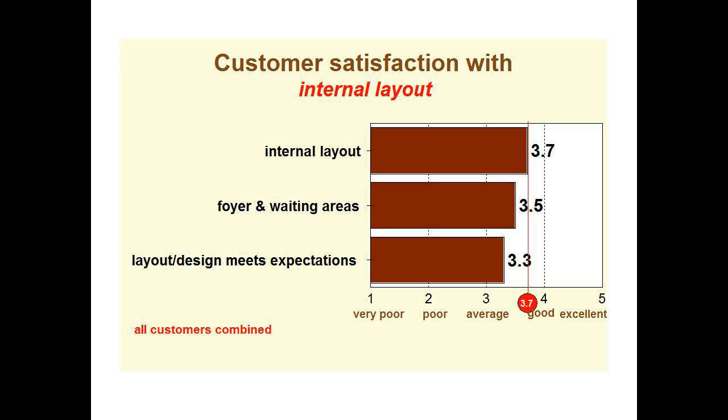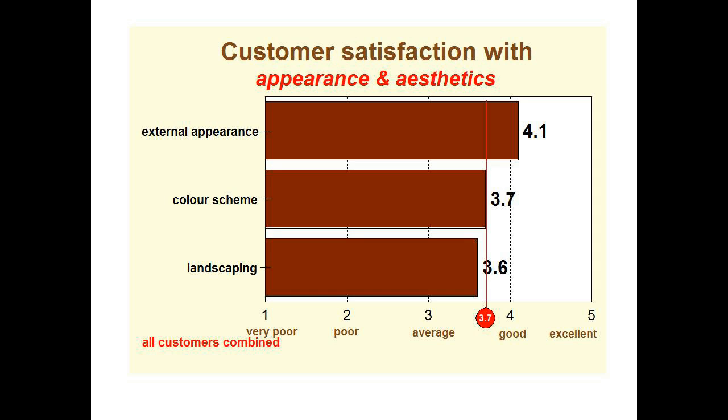The other issue here, which I think is important, is the foyer and waiting areas. That's only hitting a 3.5 out of the preferred benchmark of 3.7. So it's coming under the organisation's target and objectives. Foyer and waiting areas are generally areas where people assemble before and after a lecture, or to meet with one another. So that's a very important result.